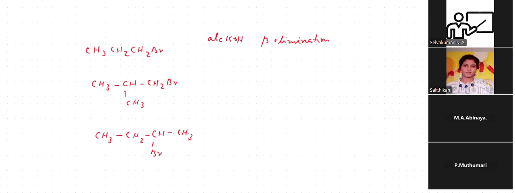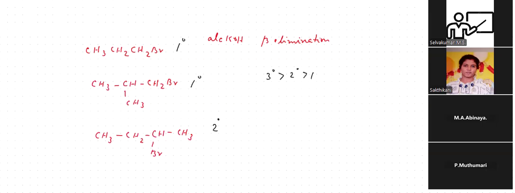So look here. Watch closely. This is primary. And this is also primary. But this is secondary. We have already seen the tertiary, the rate will be the highest, and then secondary, and then primary.